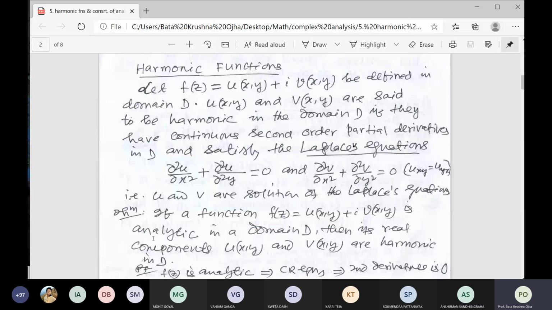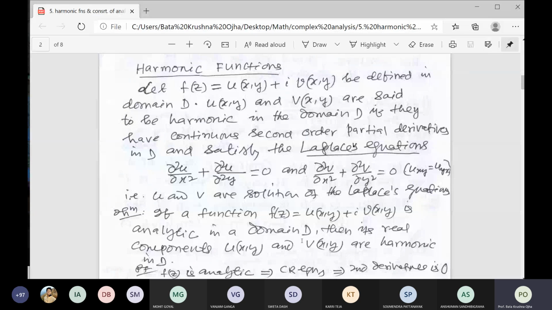Since the second order partial derivatives are continuous, for continuous functions u of x, y, derivative of u with respect to x and y is same as derivative of u with respect to y and x. First differentiate u with respect to x, then y. So it will become del square u by del x del y.